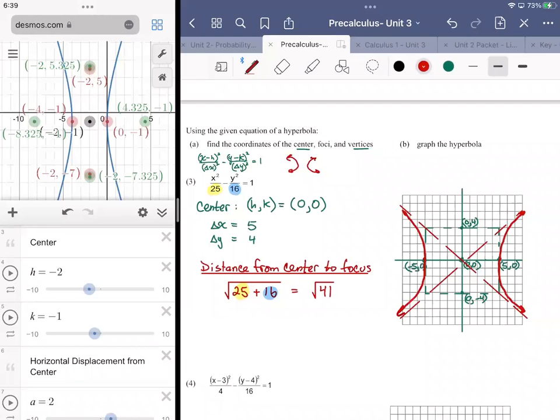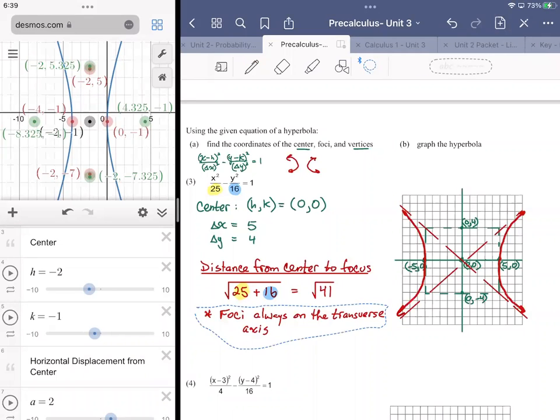That's a displacement value, all right? So what we do is we add that to and subtract it from the center, but only on the transverse axis. So a rule that we have here is the foci are always on the transverse axis.